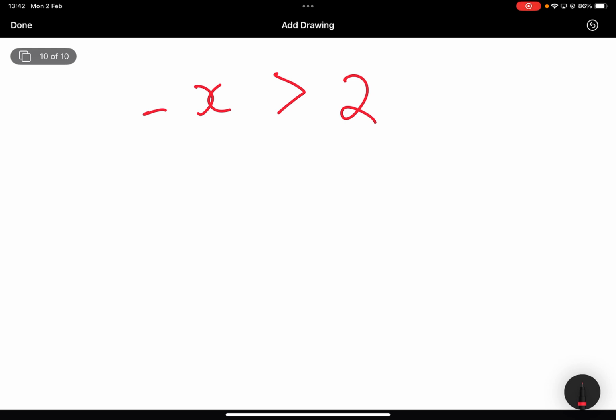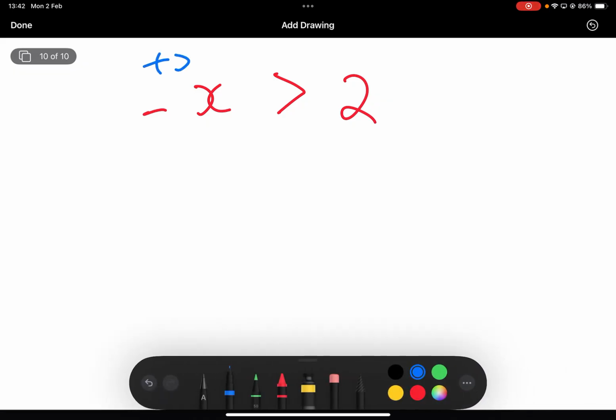Meaning, if I want to change my negative x to a positive x, instead of multiplying, I can do another thing. I add x to the left. I add x to the right. Then I will result in 0 is larger than 2 plus x.